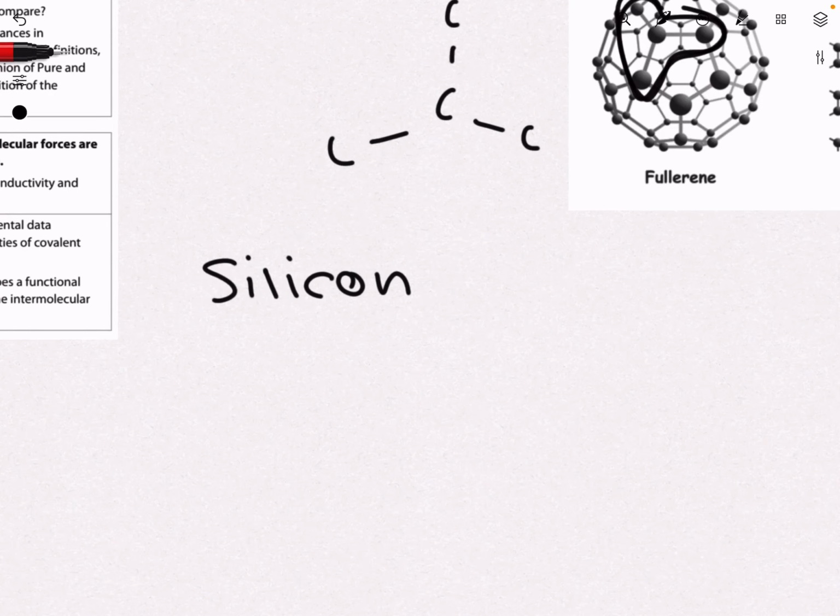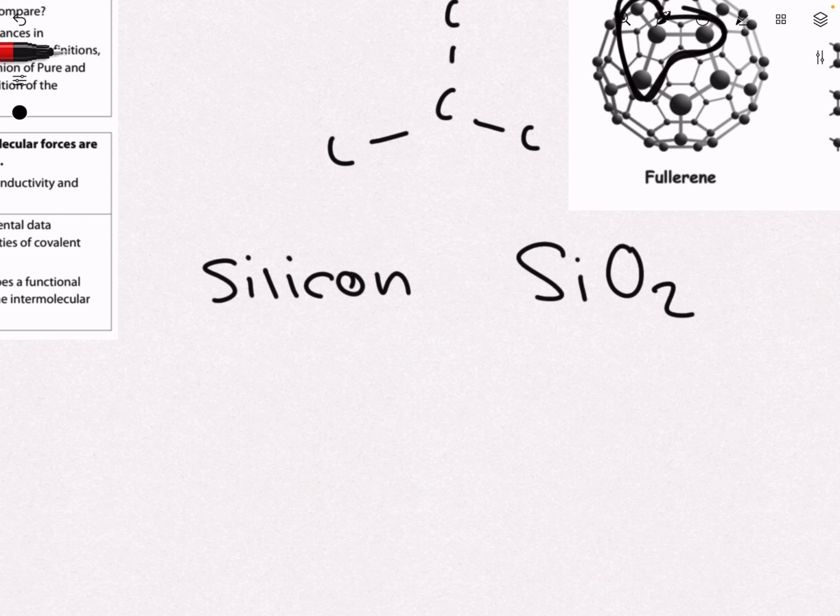Now, in terms of silicon and silicon dioxide, these both create giant covalent structures which are very hard and brittle. They both have very high melting and boiling points, and their molecular geometries are also tetrahedral.